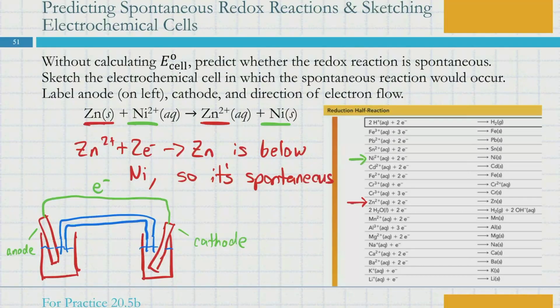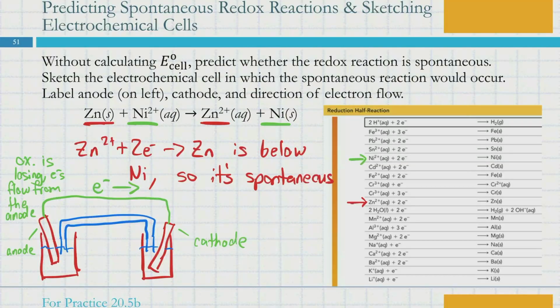Oxidation or reduction? Oxidation, and what is oxidation? Losing electrons. So electrons are going from the anode to the cathode. So oxidation is losing. Electrons flow from the anode.